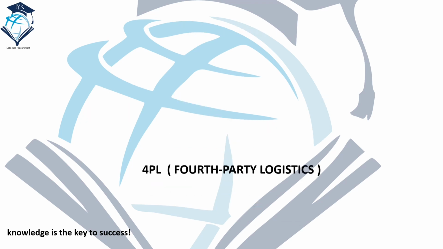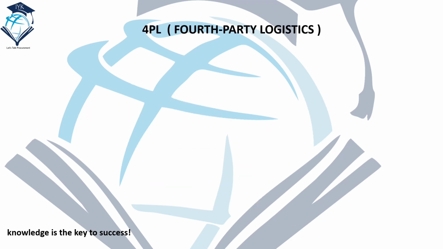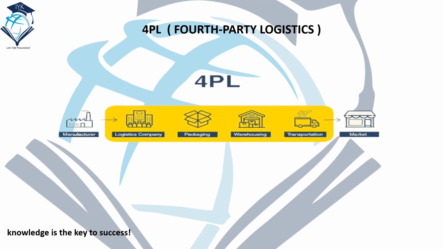The fourth party logistic. In the 4PL model, the business enterprise outsources the management of the logistic activities as well as the implementation throughout the supply chain. Fourth party logistic is known as a complex and complicated logistic model. In the 4PL, the service provider is a supply chain integrator.